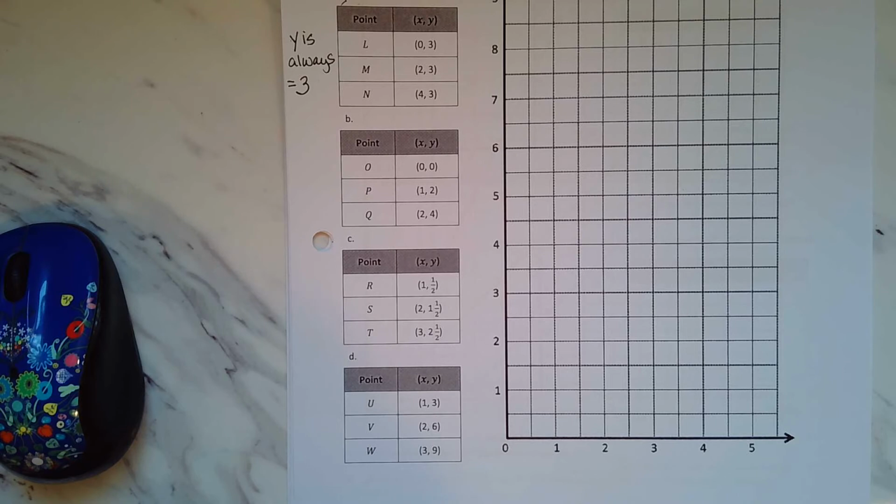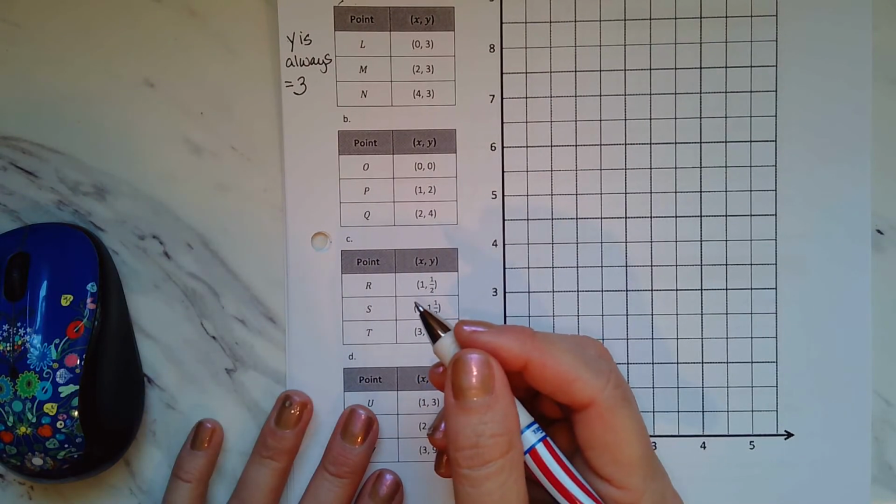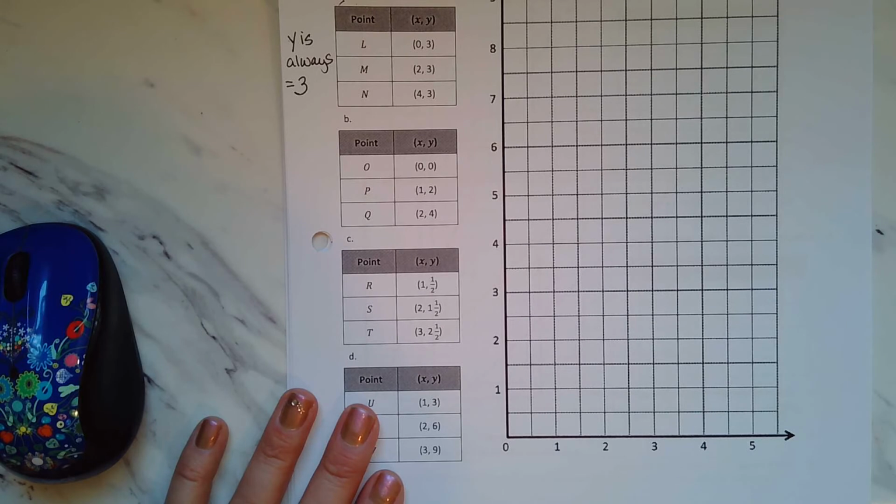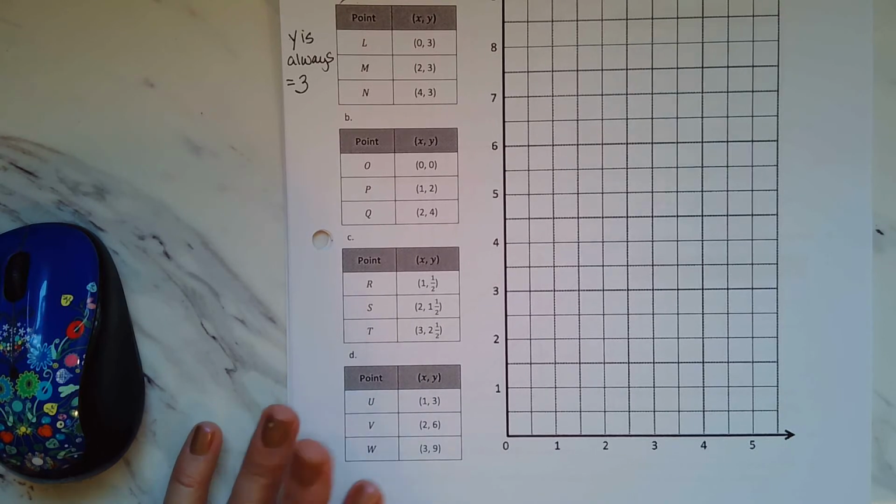Can you figure it out? Yes, it is C. So x is each y coordinate minus a half.